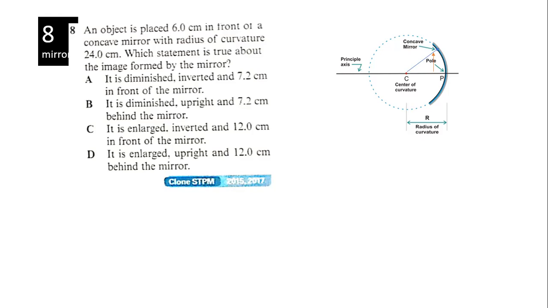It's 12. So straight away, I know your answer is wrong because it's supposed to be a virtual image. That is your radius of curvature. The focal length is halfway. Halfway is 12. 6 cm is halfway. So it's virtual. It's going to be enlarged, upright. So you can roughly guess the answer is this one.